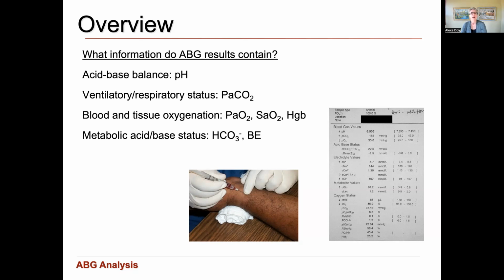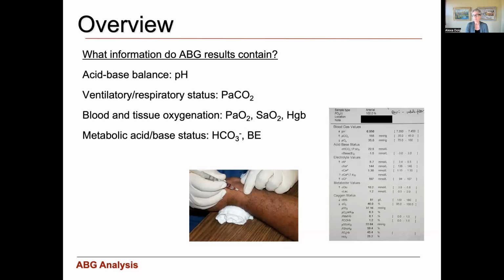And then an indirect measure of how the tissue is being oxygenated would be the PaO2, the partial pressure of the oxygen dissolved in the arterial blood. It's just a very small percent, but it has a particular pressure, and it's a more precise measure of what is actually getting out to the tissues, because that's the oxygen that actually gets transported into the tissues.